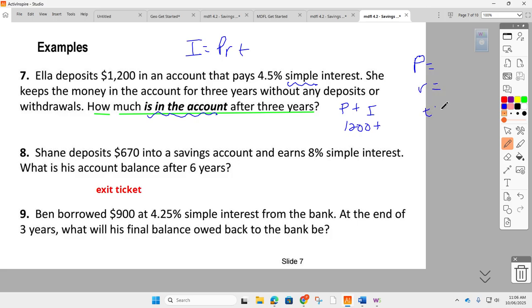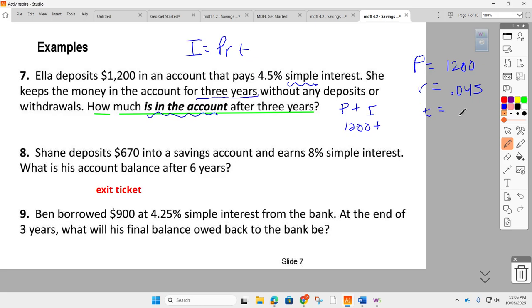So what is the principal here, Kate? Perfect. What's the rate, Savannah? That's right. And what is the time in years, Susanna? What's the time in years? Okay.